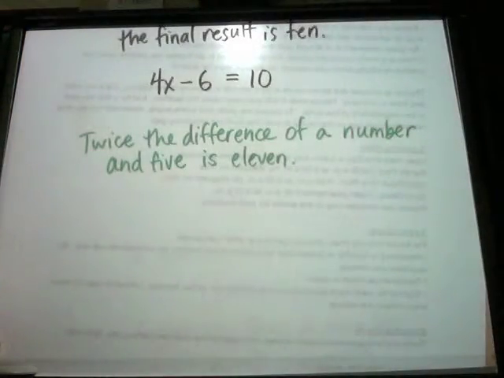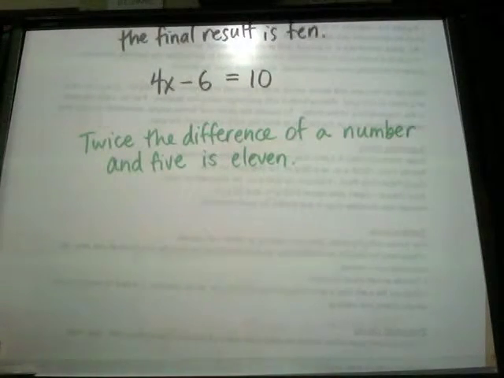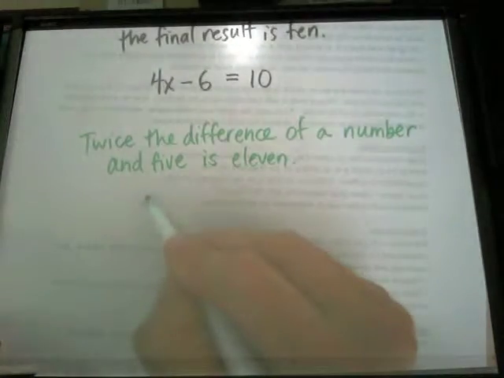Twice the difference of a number and 5 is 11. Twice means what? Times 2, right? Or 2 times something. So let's go ahead and do 2 times.